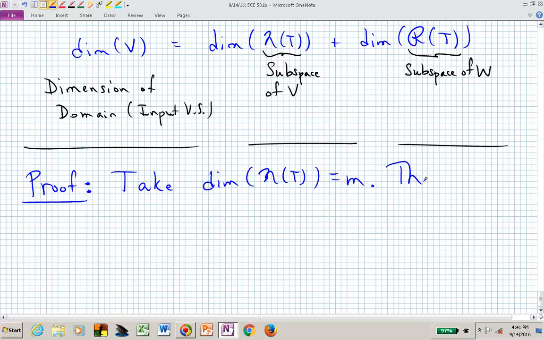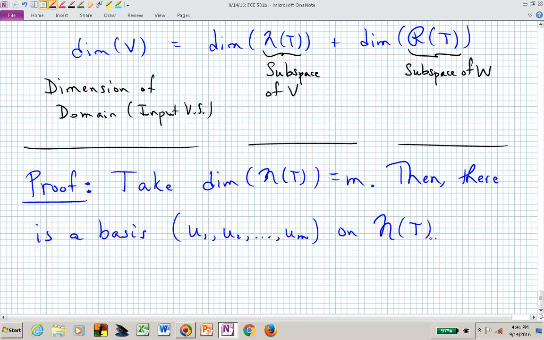Then we have a basis that will span the null space of T. Then there is a basis, and let's just call that u sub 1 through u sub m on that null space.